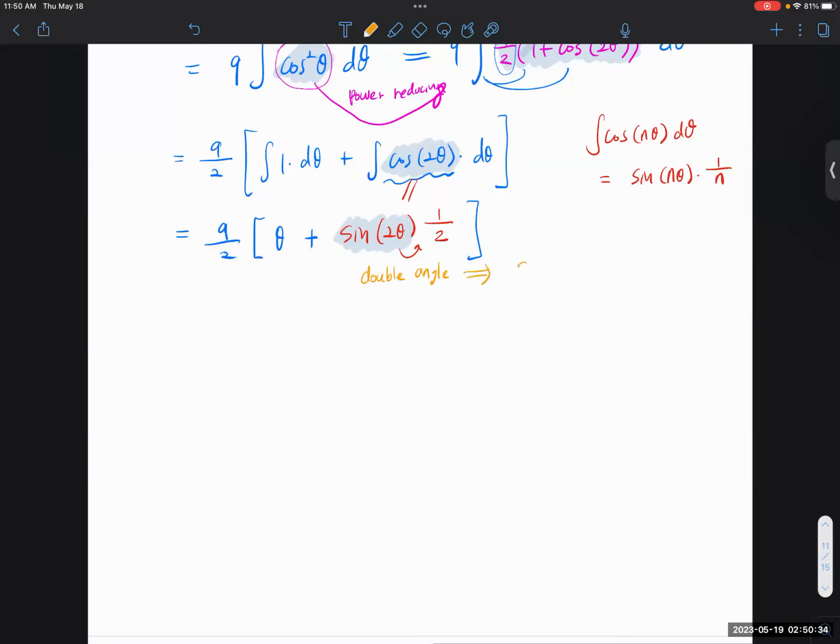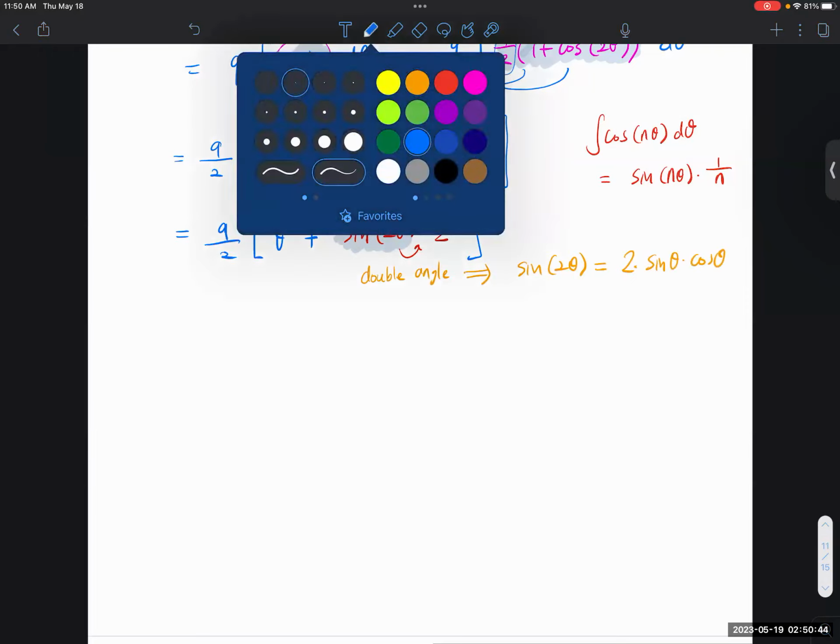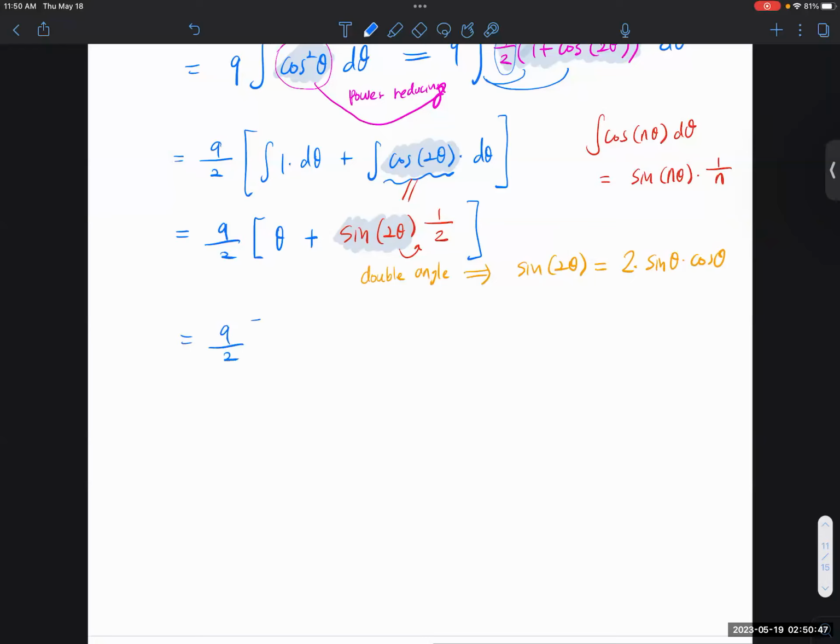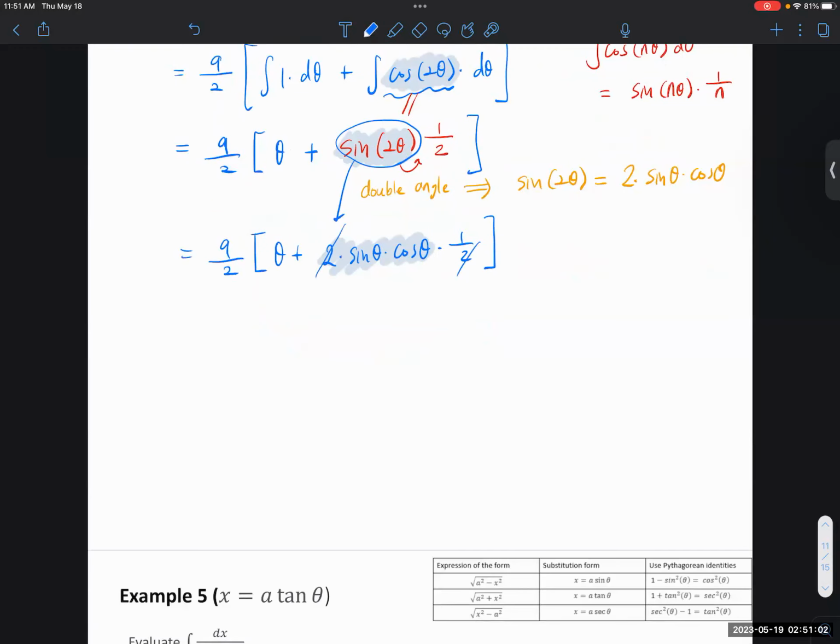Sine 2 theta is the same as, do you remember, 2 sine theta cosine theta. So I can rewrite it: 9 over 2 theta plus 2 times sine theta cosine theta, and we have a 1 over 2. So therefore, cancel, cancel. 9 over 2 theta plus sine theta cosine theta.